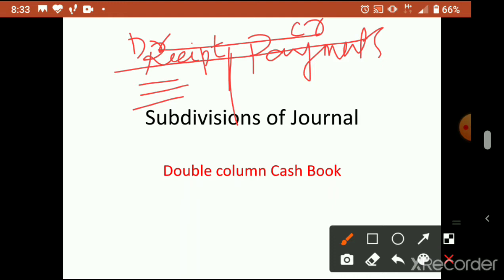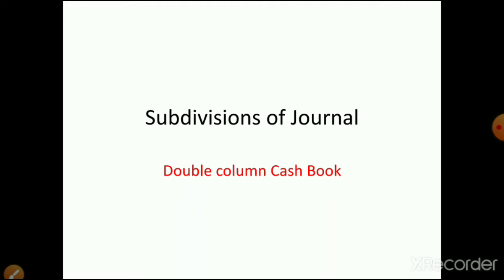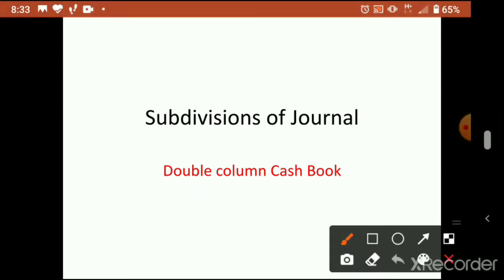Just like that in double column cash book. In the single column cash book, what I told you, only one amount column is there. But in double column cash book, there will be two amount columns, one for cash, another for bank. Let me draw how it will appear.